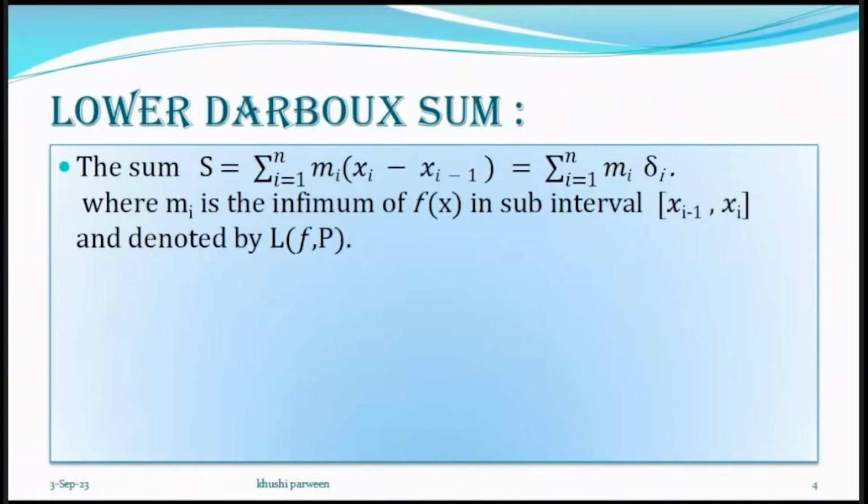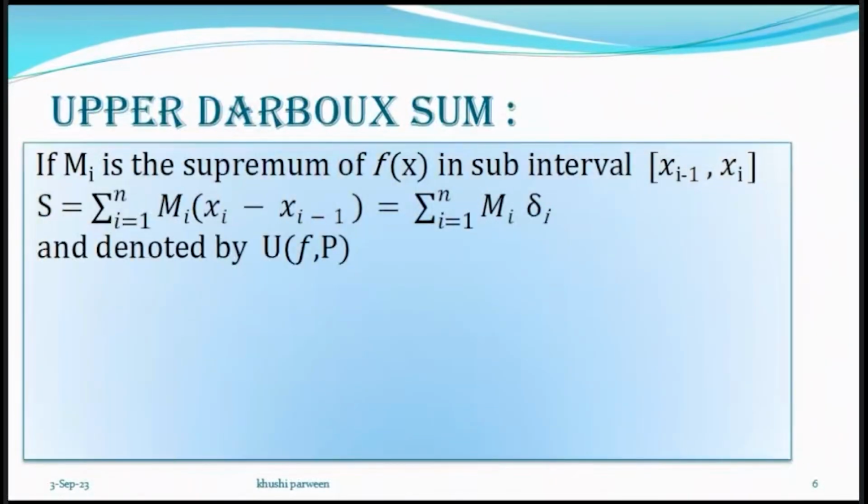From this, we say that the lower Darboux sum is the summation from i = 1 to n of mi (xi - xi-1), which is equal to the summation from i = 1 to n of mi delta i, where delta i is the length of the subinterval and mi is the infimum of the function in the subinterval [xi-1, xi], and the lower Darboux sum is denoted by L(f, P).